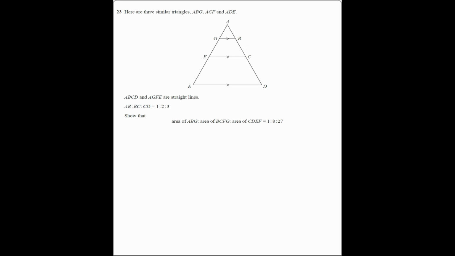Now area of triangle ABG equals 1, and area of BCFG must be equal to area of triangle AFC minus area of AGB.